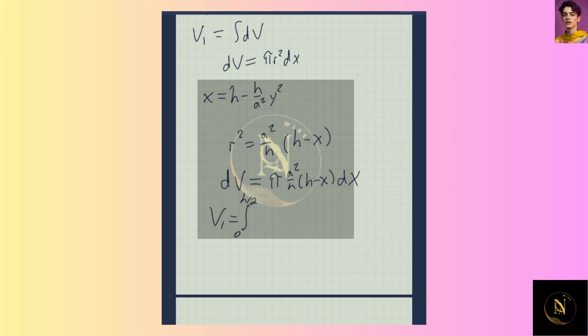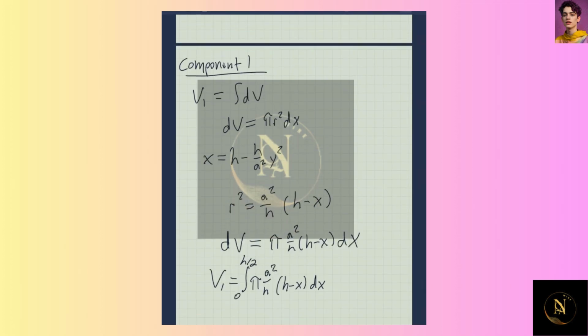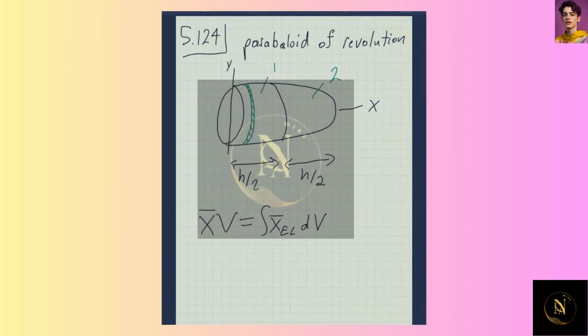Now we can solve for the volume of component 1, integrating from 0 to h over 2, because component 1 just goes to half the height of the paraboloid. We can plug in dv, and the a will cancel, so we'll just be left with h.